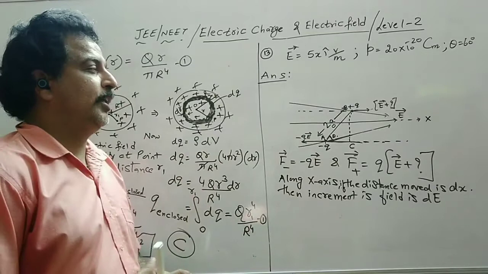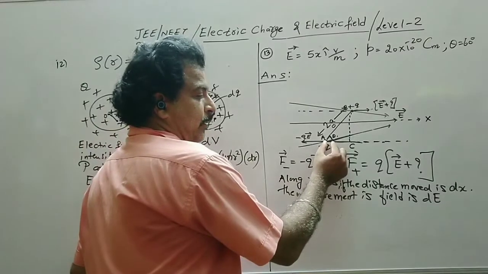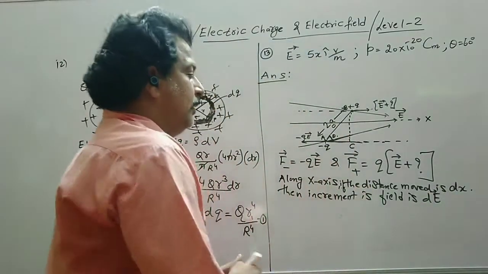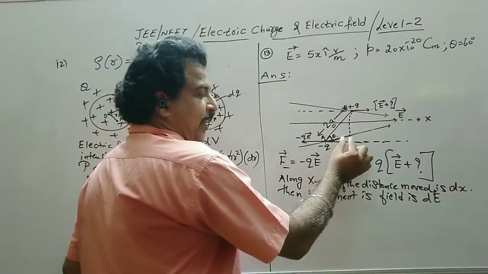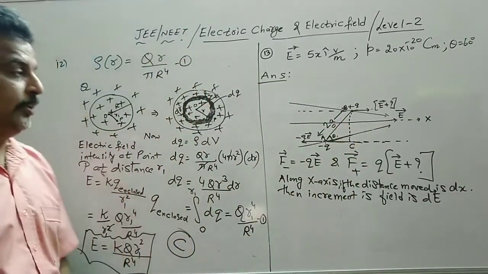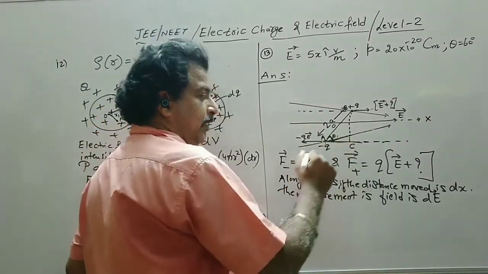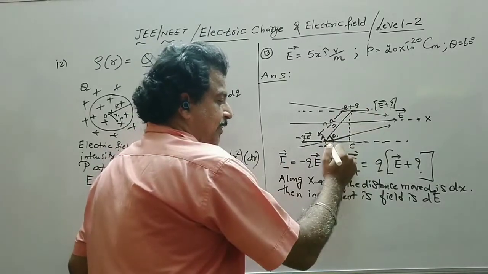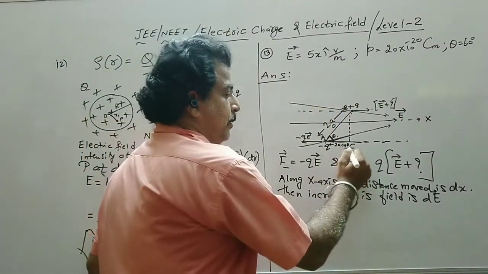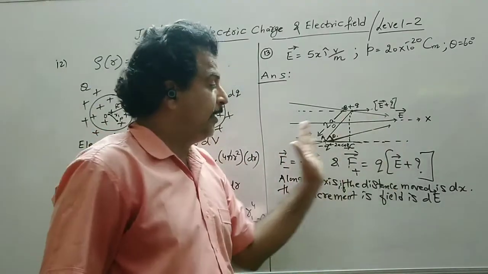Now, what will be the perpendicular distance between the two lines of action of force? If I move a small distance dx, the field increases, say by dE. So this AC is called the distance. Clearly, if I take this angle as theta, this is my 2a, so this comes out to be 2a cos theta. It is referred to as the distance in the direction of the field.